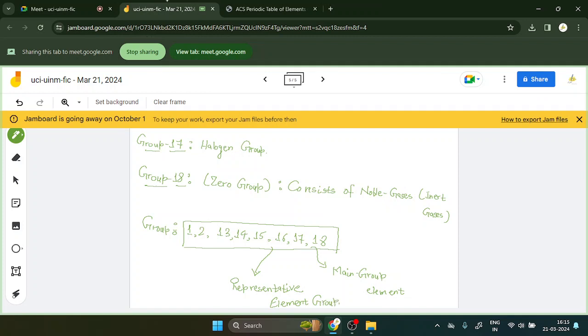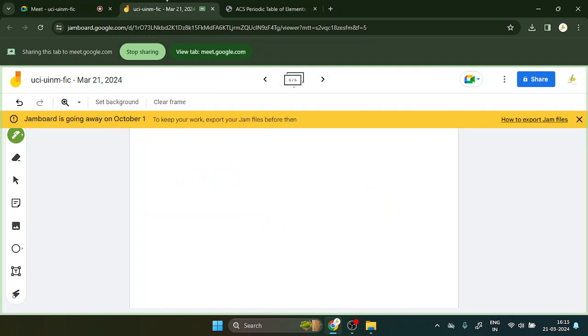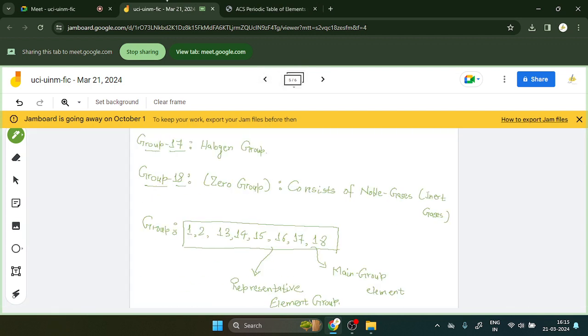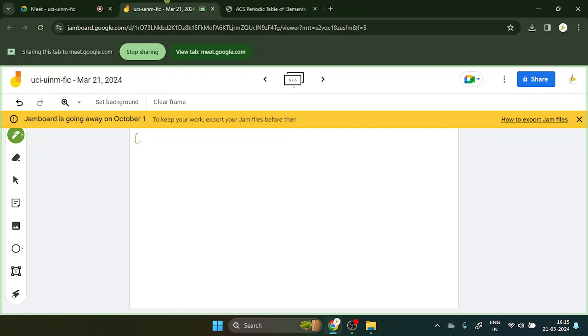Very good. Now let's come to the periods. Number two is periods, inside the salient features. How many periods do we have? We discussed in the previous class: 18 groups and 7 periods.